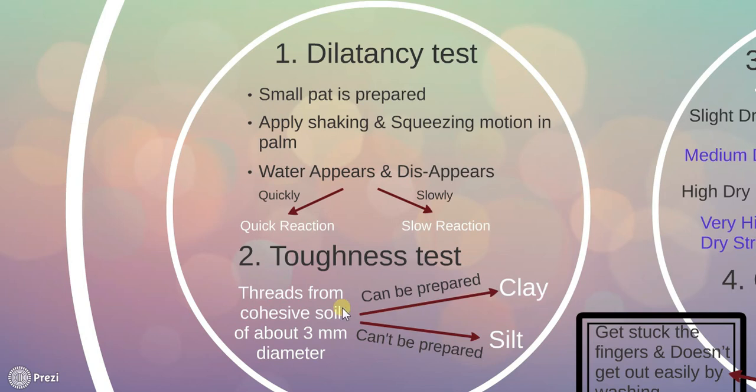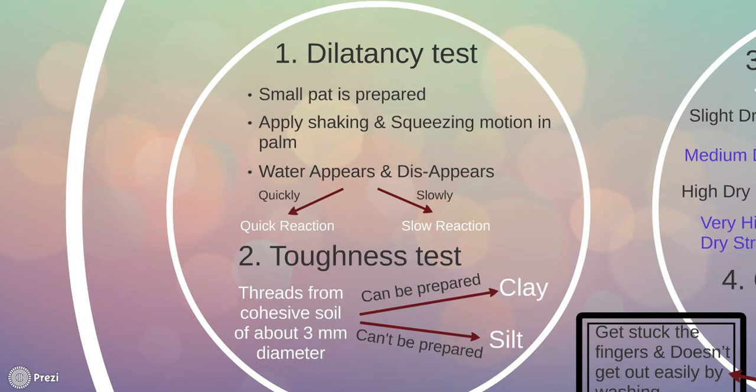In simple words, if threads from cohesive soil of about 3 mm diameter can be prepared, then, as I have told before, it will be clay, and if they cannot be prepared, it will be silt. The toughness depends upon the potency of colloidal clay.